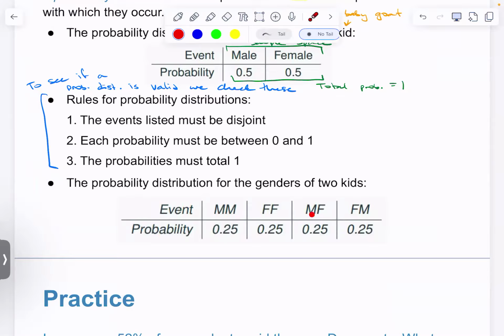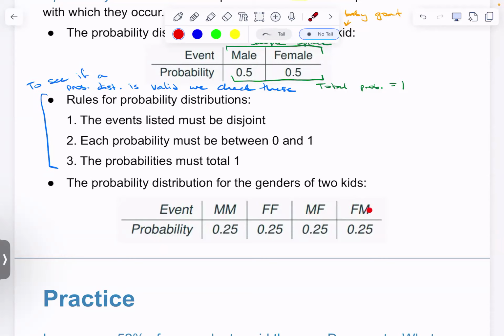And so order matters. A male, then a female would be different from a female, then a male. In terms of the probabilities, though, they end up being the same. They're just a quarter across the board.